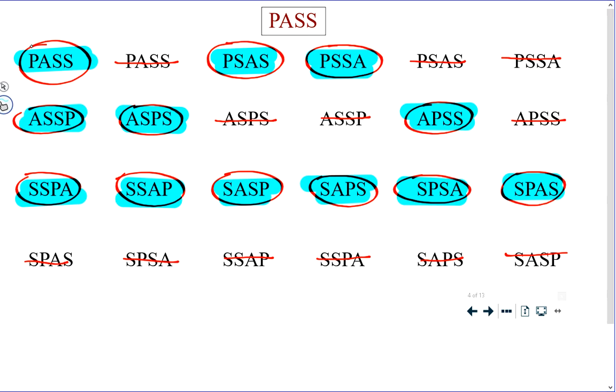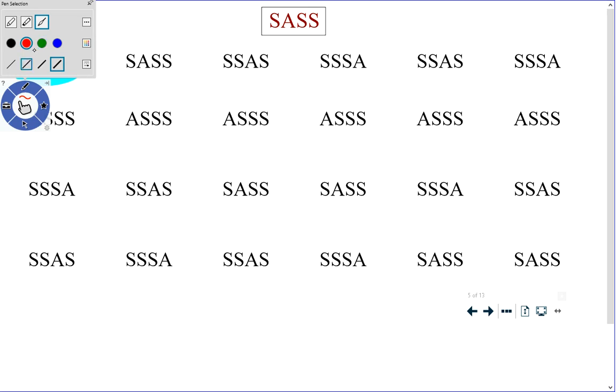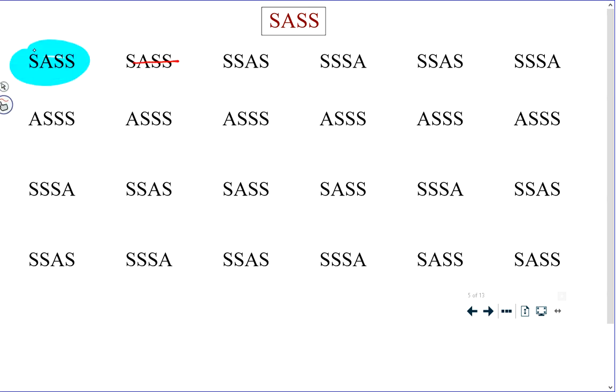So if you take a look at the top of the screen here where it says pass, I'm going to move to the next page, and the P in pass will change to an S. And that means every P in my list will change to an S, and this is what I get. So I get the word SAS, but I'm not going to include it here or here or here or here.